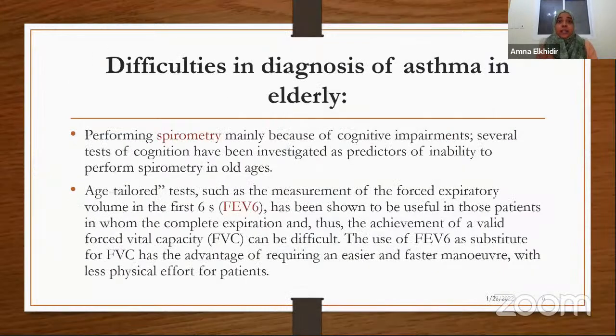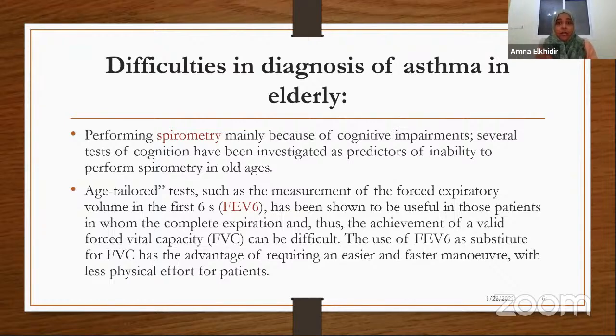Usually there are difficulties in diagnosis of asthma in elderly because spirometry is usually used for diagnosis of asthma, but in elderly there is mild cognitive impairment, so this affects the test result. And there is an alternative test that can be used instead to adjust these misinterpretations.